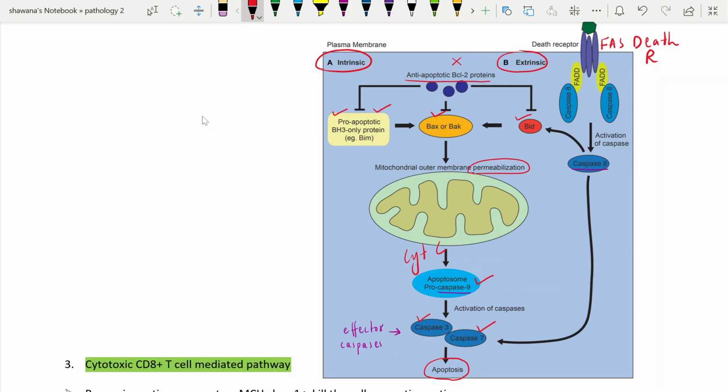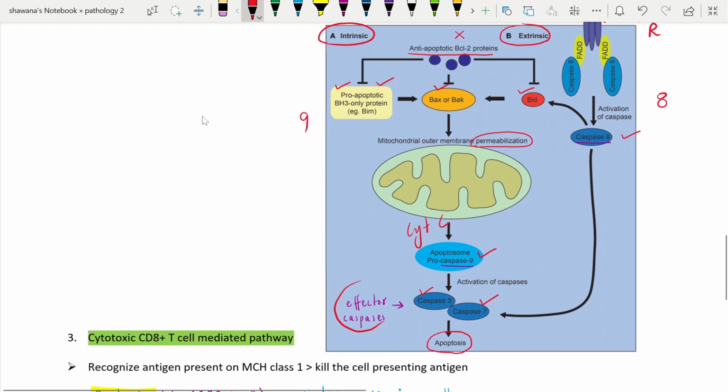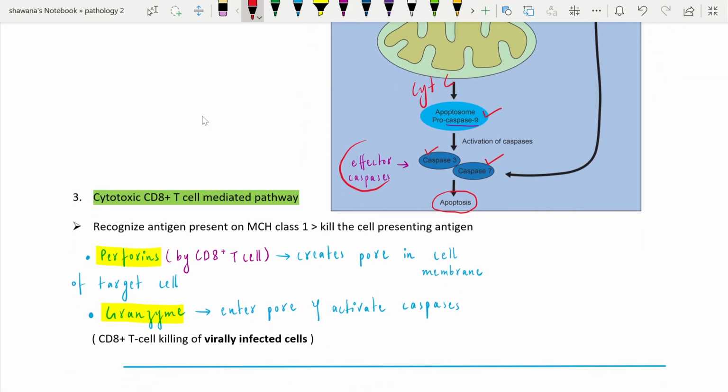They bind to the receptors, either the Fas receptor or the tumor necrosis factor receptor, leading to activation of caspases. Mostly in extrinsic, caspase 8 is activated, and in intrinsic, caspase 9 is activated, and they both activate the effector caspases, 3 and 7, resulting in apoptosis.